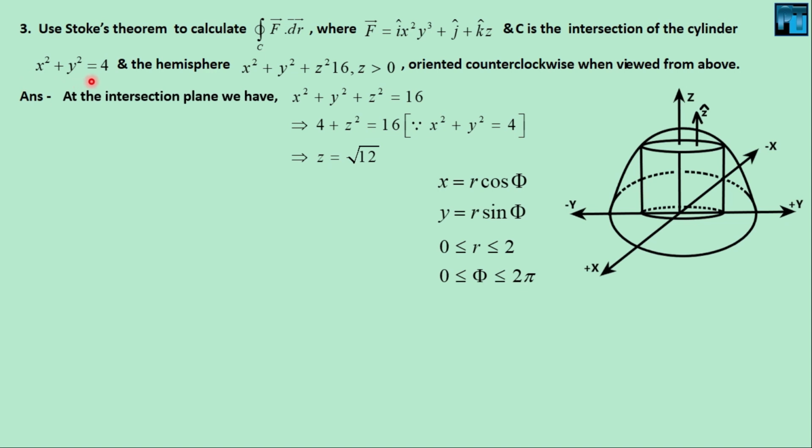This thing is a circular parametric form. That's why x equal to r cos phi, y equal to r sin phi. But this phi signifies that yes, there is a cylinder in between. Only that. That's why I have used phi. You can use theta for yourself.